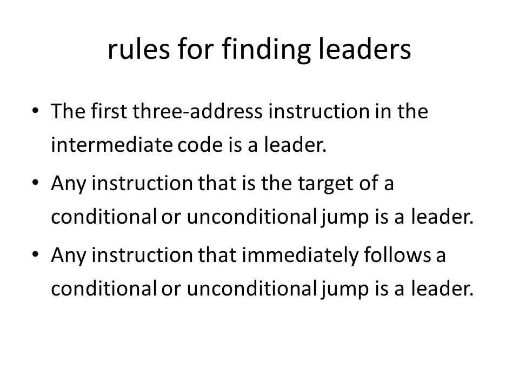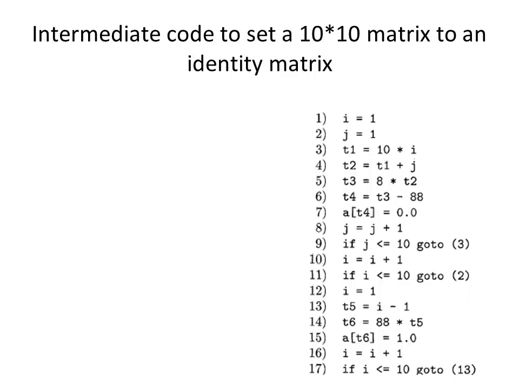Any instruction that is the target of a conditional or unconditional jump can also be a leader. Any instruction that immediately follows a conditional or unconditional jump can also be a leader. So these are the 3 rules for finding the leaders for drawing the flow graph.